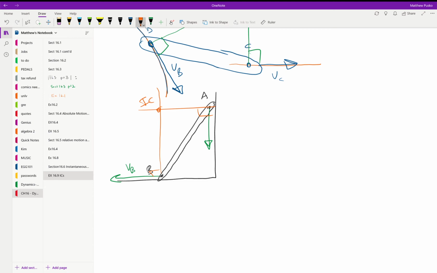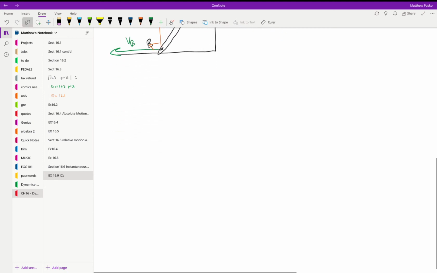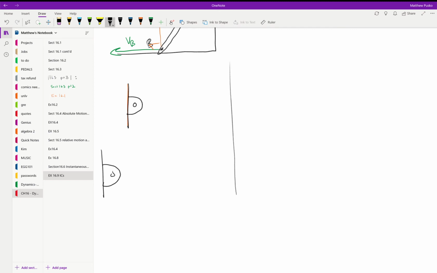Okay, let's do one more. Draw a reference line. Alright, so we have one arm and then we have a slightly longer arm.